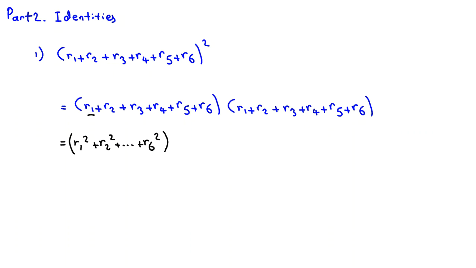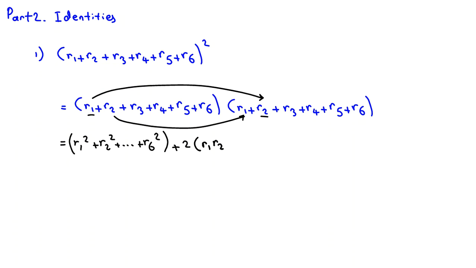And then also maybe the indices are not equal. For example, you multiply R1 by R2. Also, if you multiply R1 by R2, you can also multiply R2 by R1. So each of them, for example, like R1, R2, you have twice. R1, R3, to the last one, R5, R6, because you have R5, R6, and R6, R5. So the first identity was this.